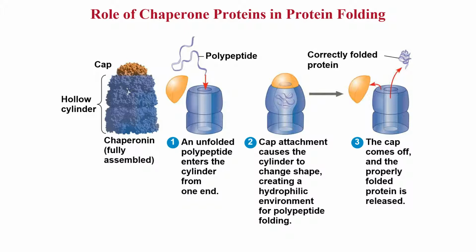Inside this little cylinder, you have a microenvironment that facilitates the folding or refolding of this protein into its proper shape. And once it's assumed its proper configuration, it's released. So there are all different types of chaperonin proteins in a cell.